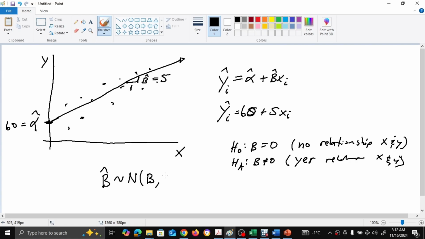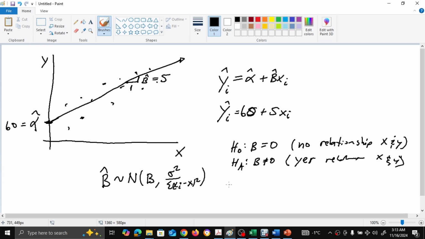And it has some kind of variance, which is the variance of the model times the sum of the xi minus x bar squared, okay?